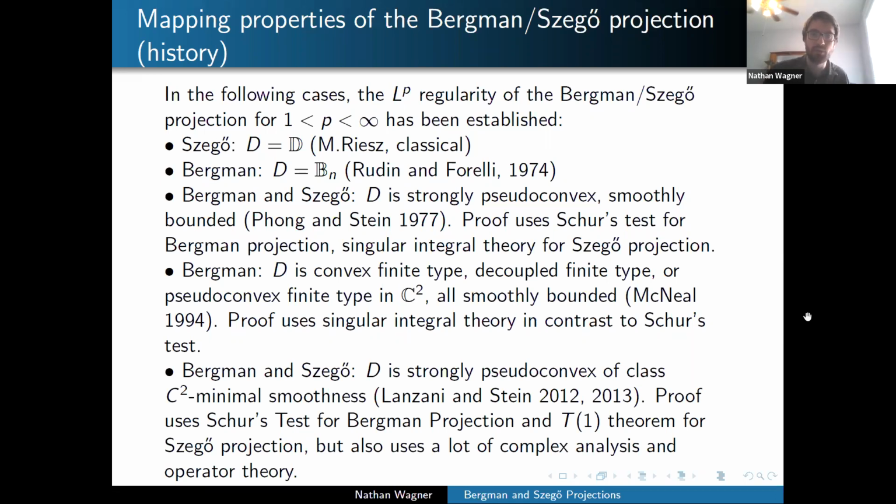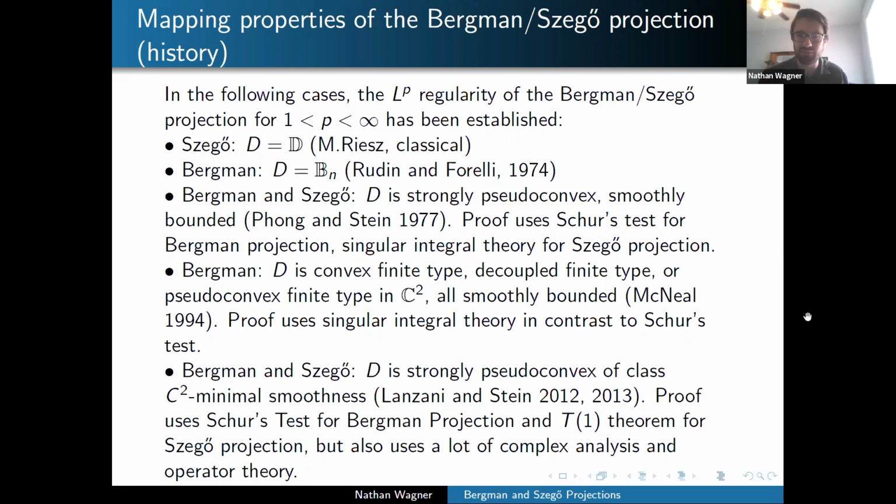Okay, and then a different direction you can push it is, instead of looking at other types of pseudoconvex domains, you can look at strongly pseudoconvex domains and really push the smoothness. So Lanzani and Stein did this in the case that D is strongly pseudoconvex of class C^2, which is the minimal smoothness case, because if you notice, our definition of strongly pseudoconvex involved two derivatives of the defining function.